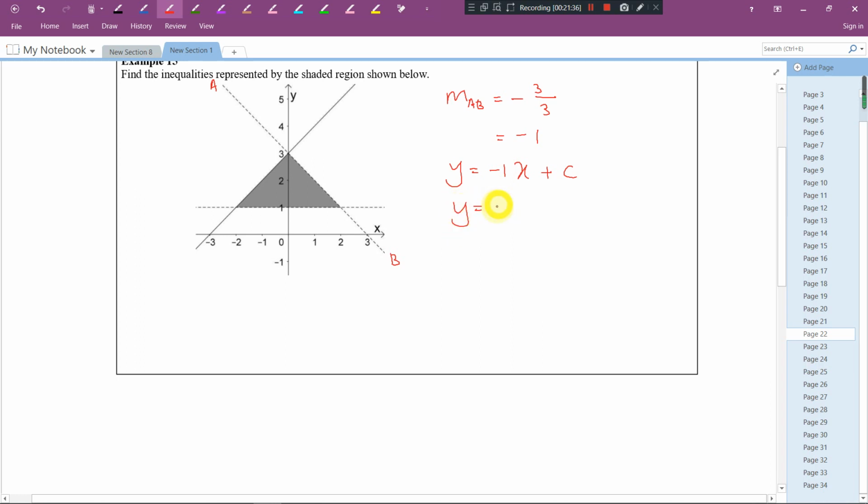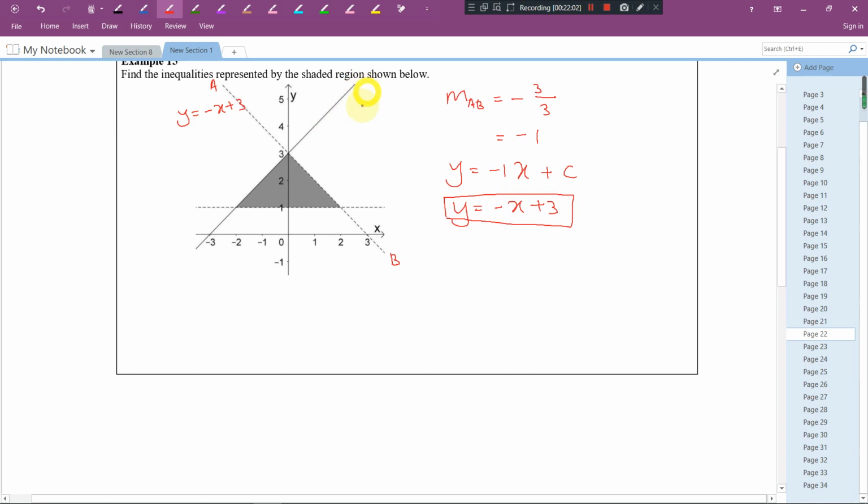So y is equal to negative x plus 3. This is the equation of this straight line, but the question is asking for an inequality. So I first find the equation for every straight line, and later I write the inequality. Hopefully you understand this one.